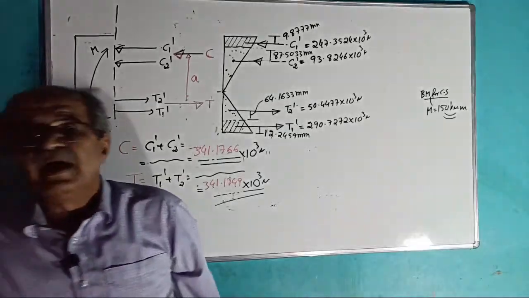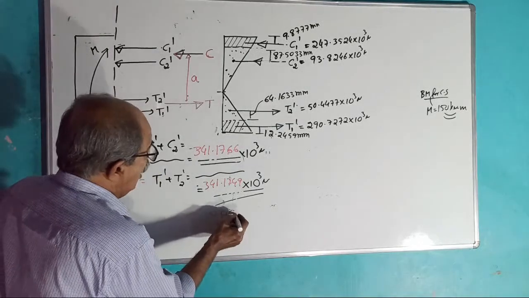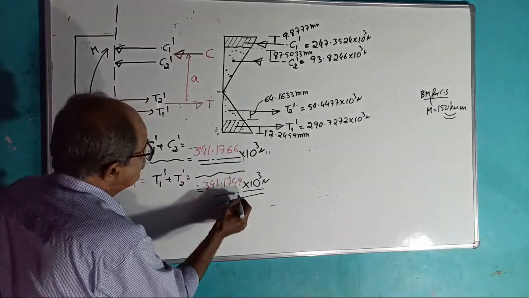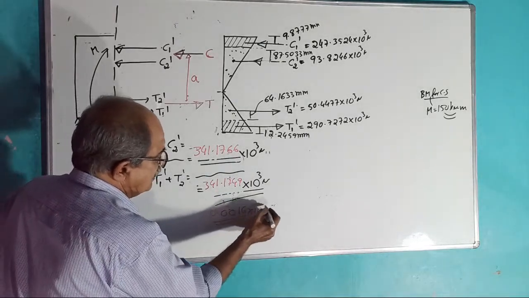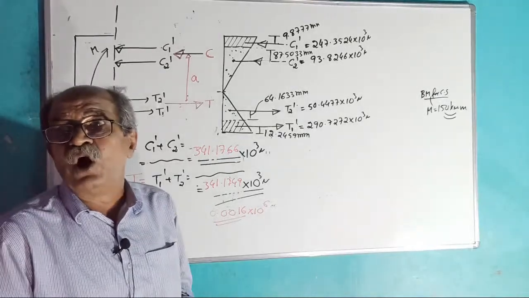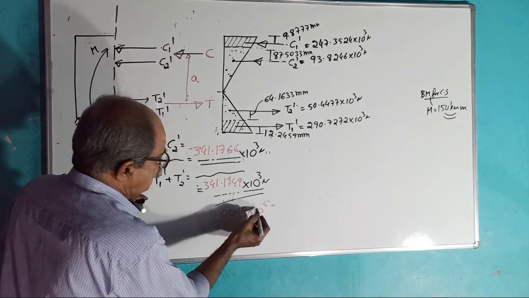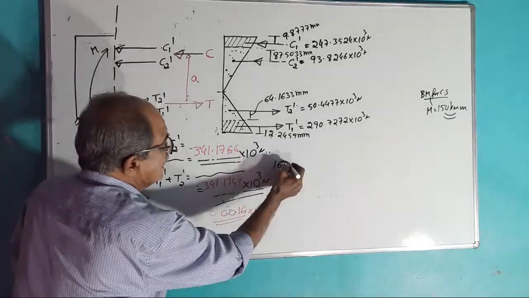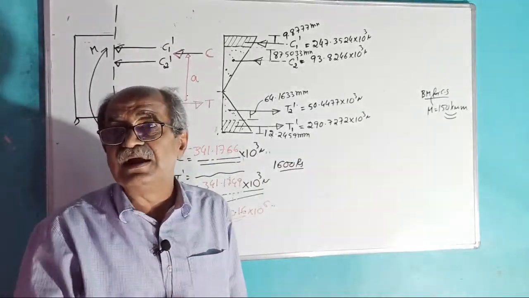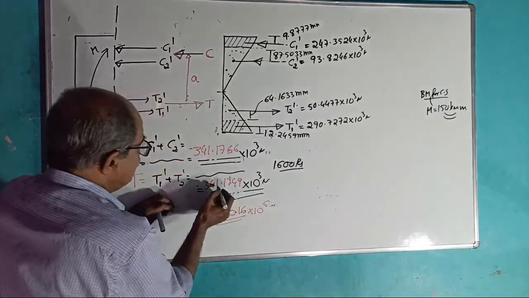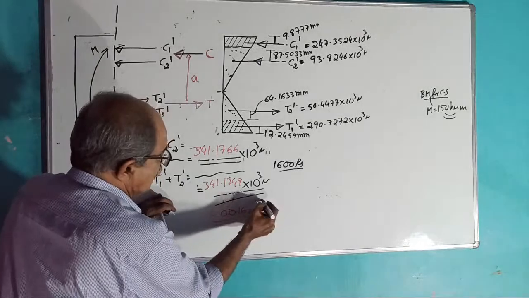So remember, how much is this error? 0.0016 in 10 to the power 6. What is that? 1600. So 1600 is the difference in 341 10 to the power 3, sorry, it is 10 to the power 3.